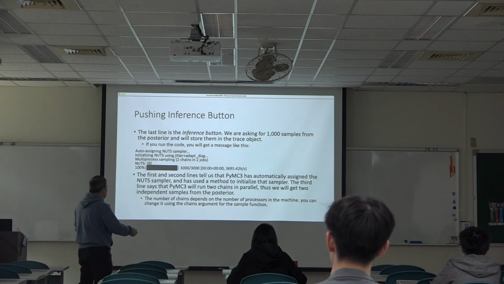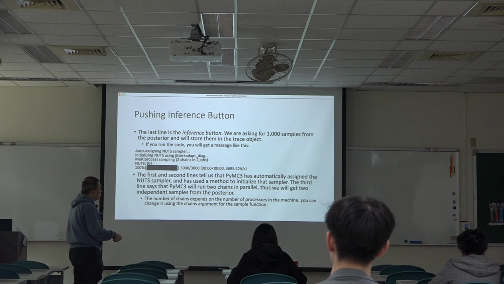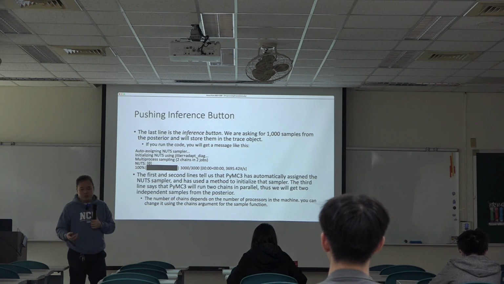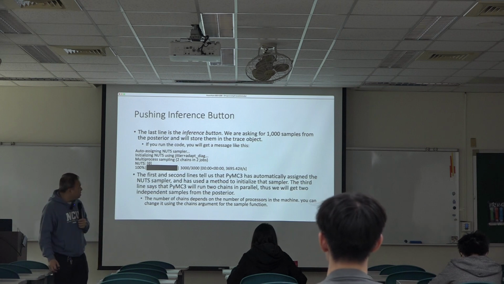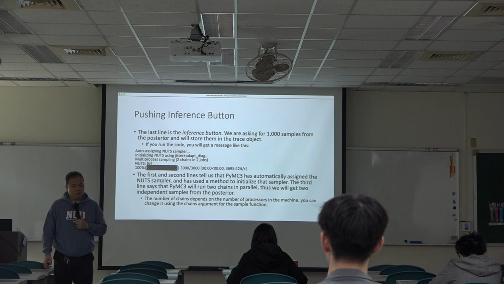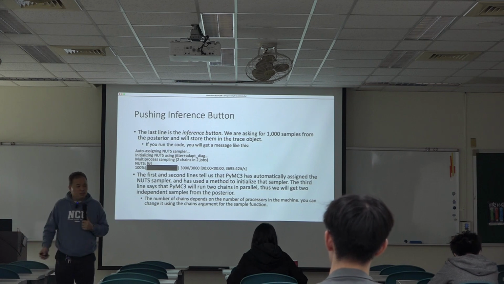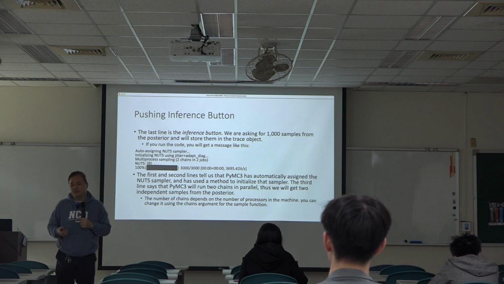So the number of chains depends on the number of processes in your machine. If you find it is running six chains on your machine, it may be because your CPU is more powerful. It depends on the type of your CPU.